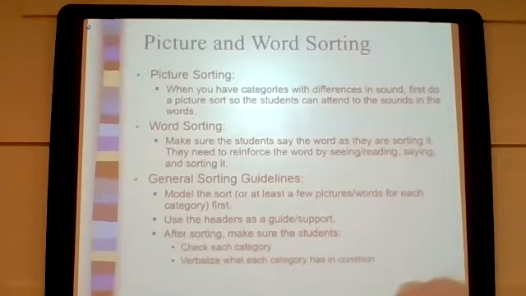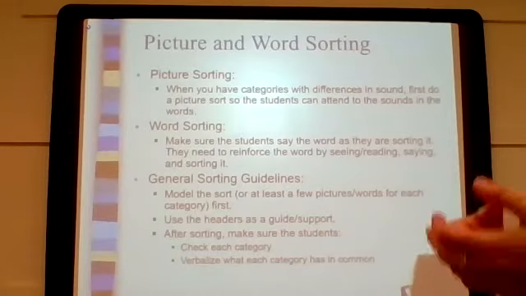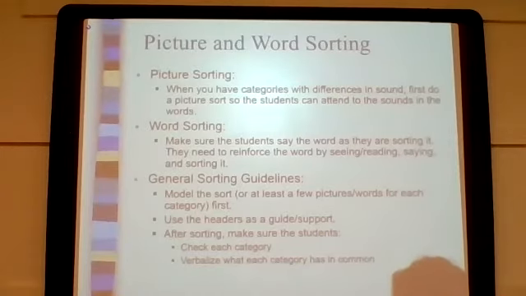We want them to say, well, in this category, they all have the short A sound, and then we prompt them, what sound does a short A make? And we want them to say the ah sound. In the next category, all these words might have the short I sound, and then we ask, what sound does the short I make? And they'll say ih. So we want to always be reinforcing those sounds of the short vowels.